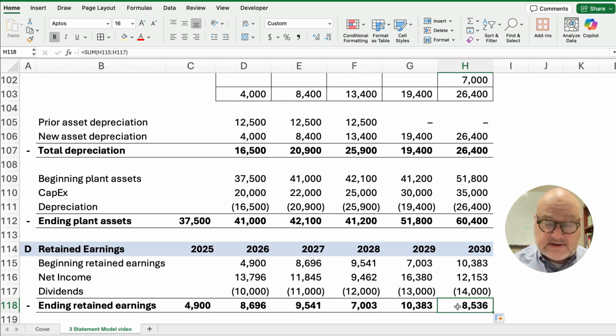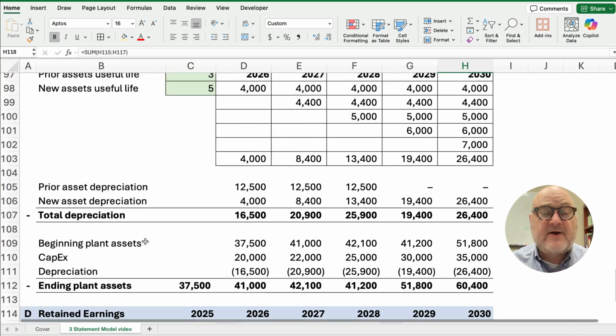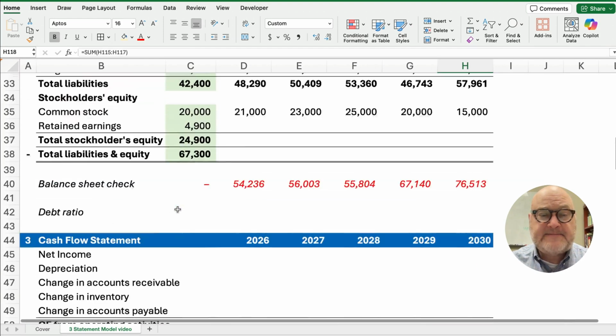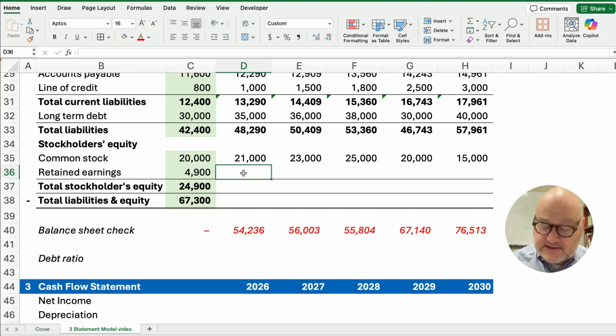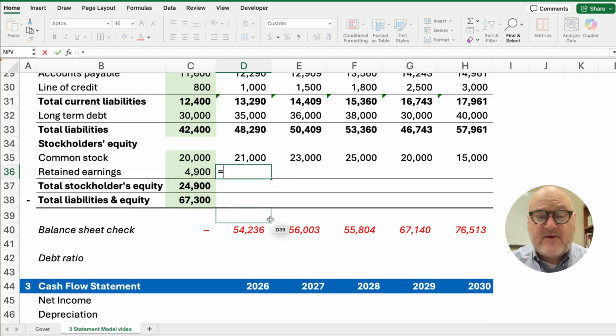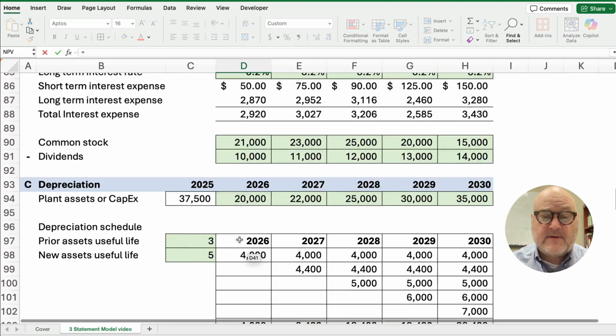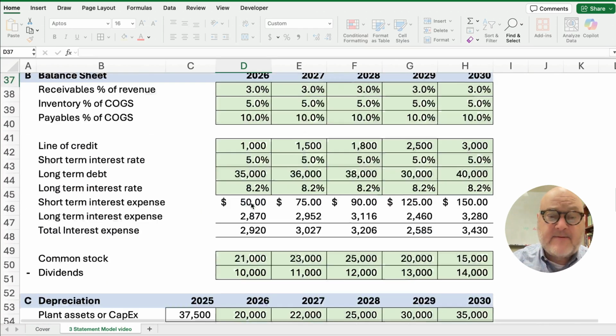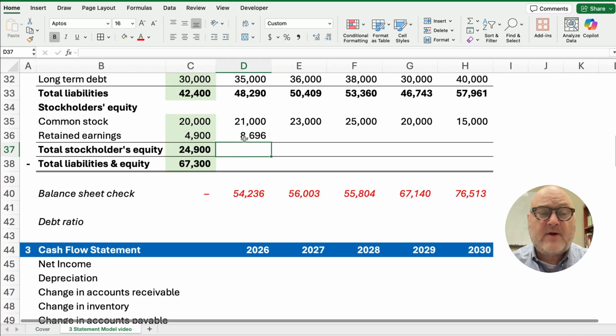All right, so this looks like these are correct. There's no more changes. We know what our beginning retained earnings is, we know our net income, and we know our dividends. So now we can drop this in as the retained earnings number on the balance sheet. All right, so here's our retained earnings. We're going to go back down to where we were. We can see it's that number right there, and we'll copy it all the way across.